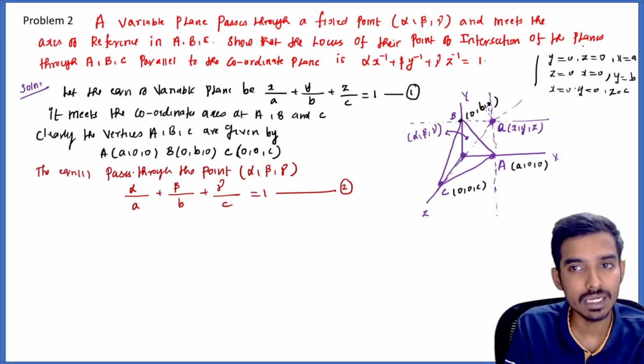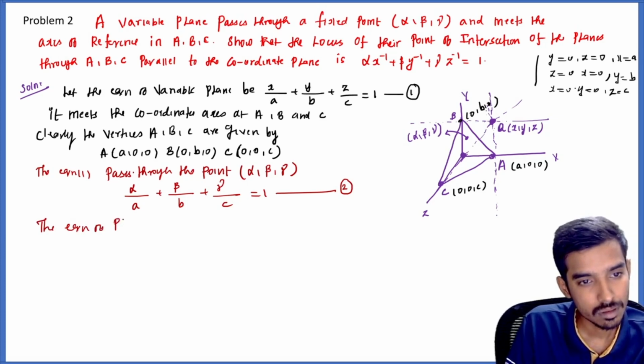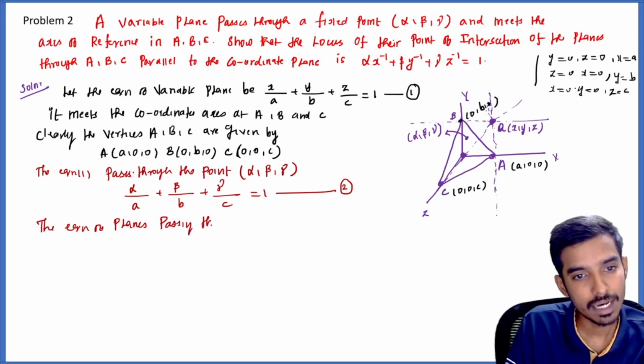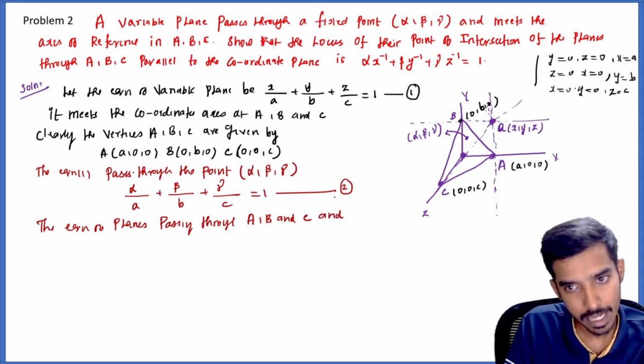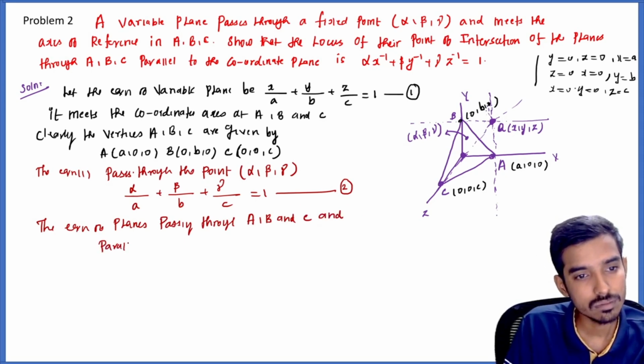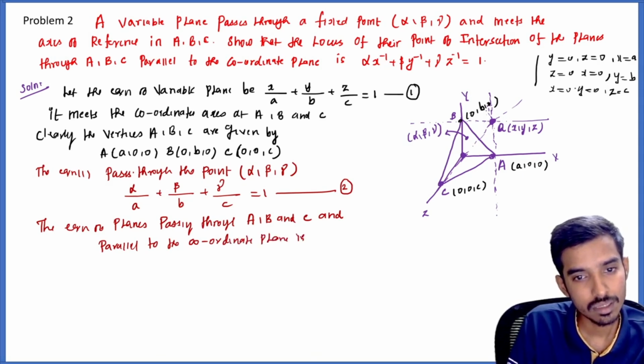For the locus of that point of intersection. The equation of planes passing through a, b, c and parallel to the coordinate plane is given by, very simple, right?